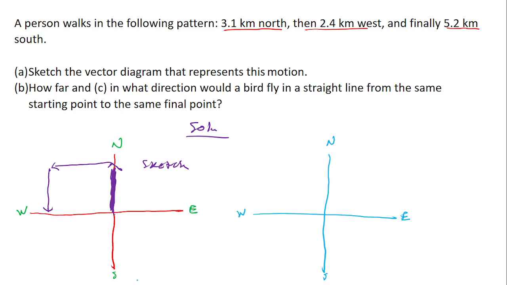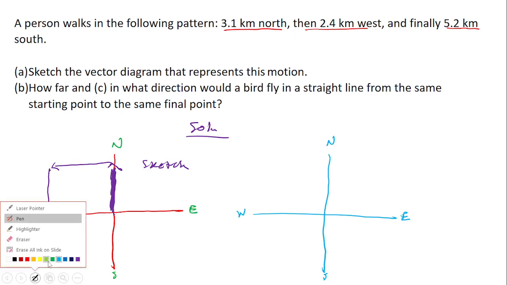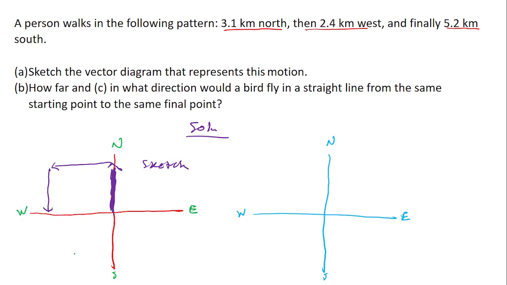I'm going to draw a proper diagram which can help you know what you're supposed to do. The first thing is 3.1 north. You move the same way we moved at first, so 3.1 will be like that. This is 3.1 kilometers.